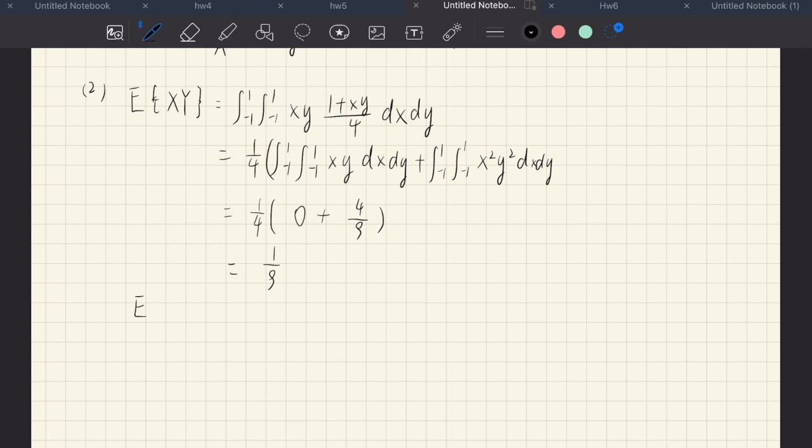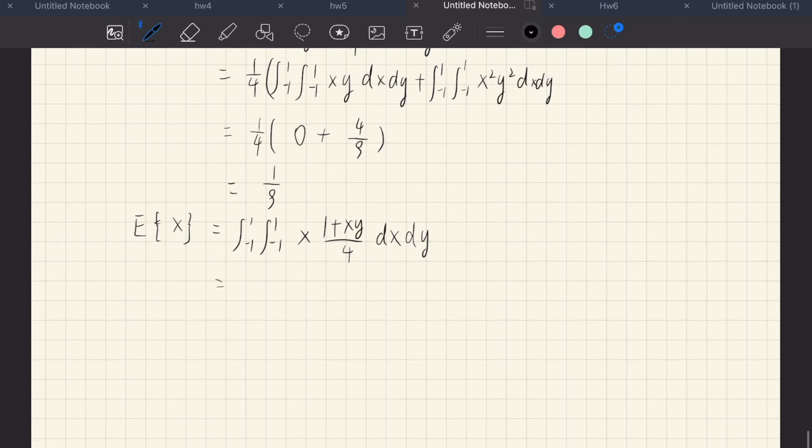And we calculate the expectation of X. This should be equal to the integral from -1 to 1, -1 to 1, of x times (1 plus xy) over 4 with respect to x and y.